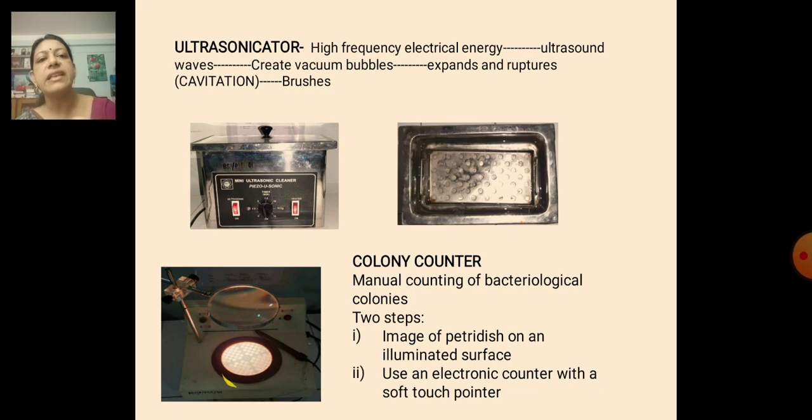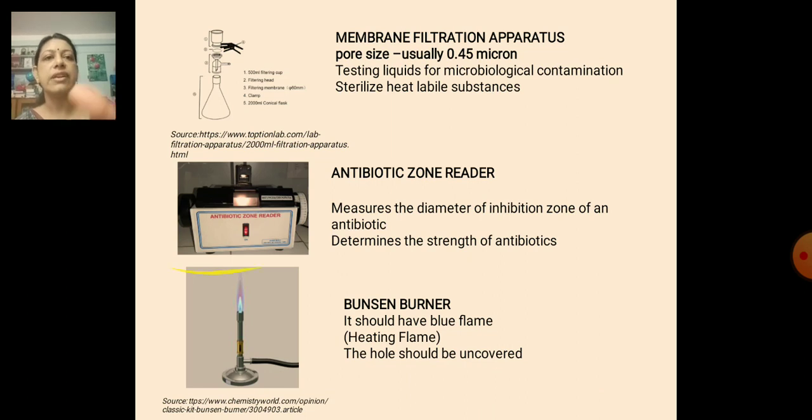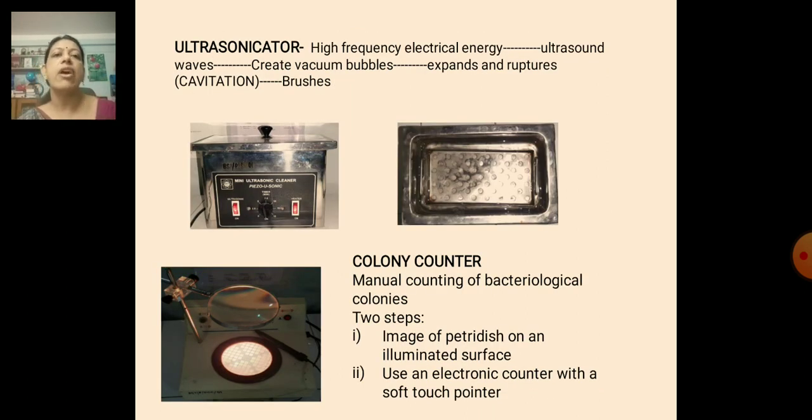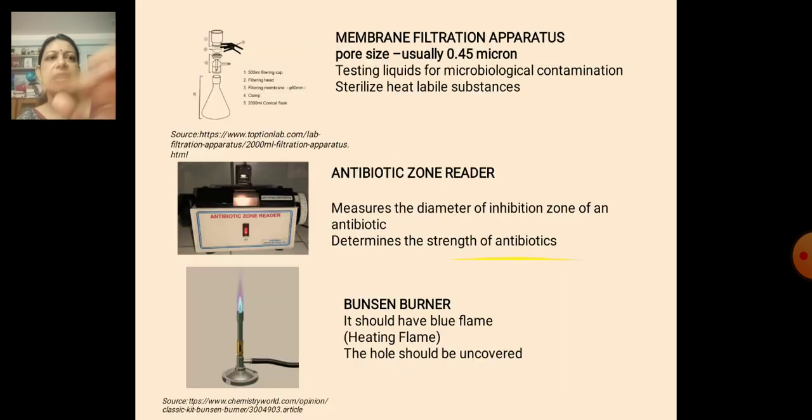We place the plate, the Petri dish containing the agar plate, over here, and we can count the number of colonies that are available with the help of a pointer pen. If we touch with the pointer pen, then automatically, digitally, the recordings will be shown, and we can say how many colonies are there.